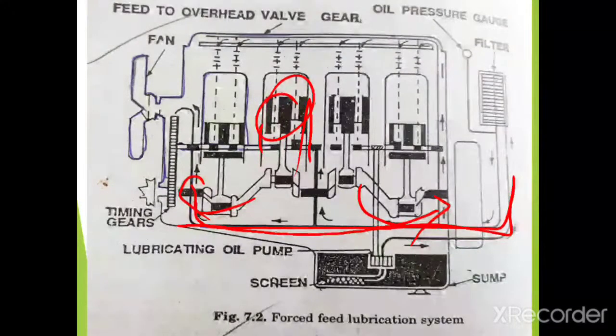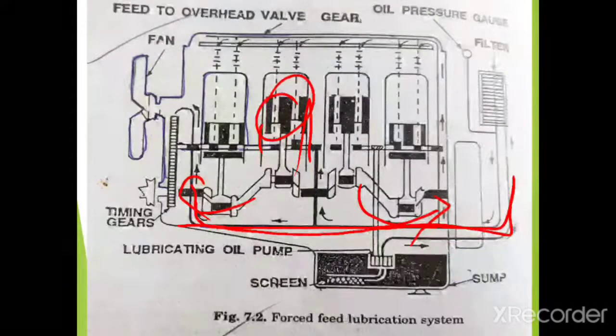There is a separate gallery for the timing gears. The lubricating oil pump is a positive displacement type of pump, which may be gear type or vane type. Then the oil also goes to the valve stem, rocker arm and shaft under pressure through an oil gallery.